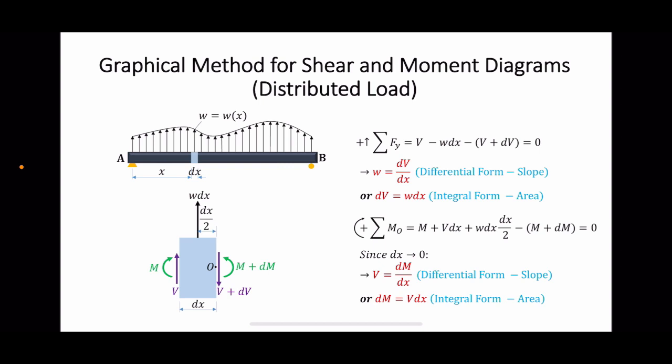Again, from the differential form, we can see that the slope of the moment diagram at a point is equal to the internal shear force at that same point. As you can see later on, this relationship can help us plot the diagrams much faster than using the conventional method.